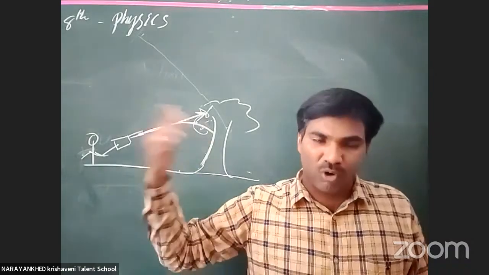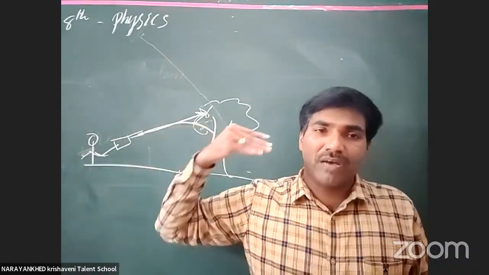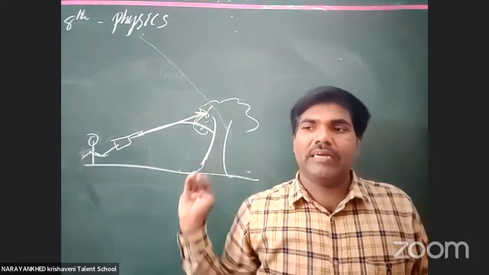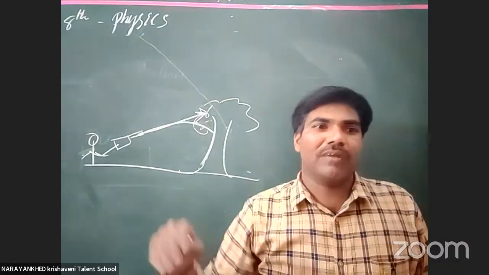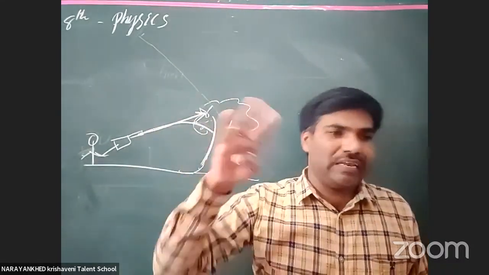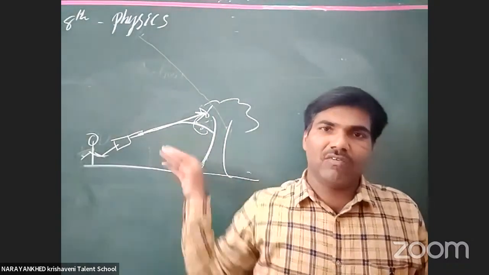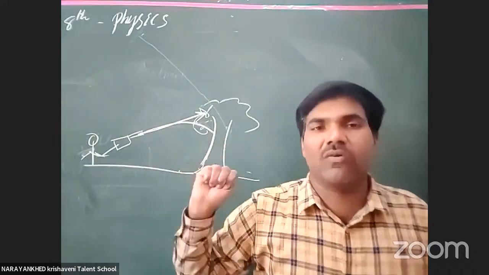But the restoring force opposes our weight, the gravitational force, so it does not move in a straight line and does not suddenly come towards the earth. It follows a meanwhile path. Finally it comes to rest on the earth, but it does not go in a straight line path. Got it?